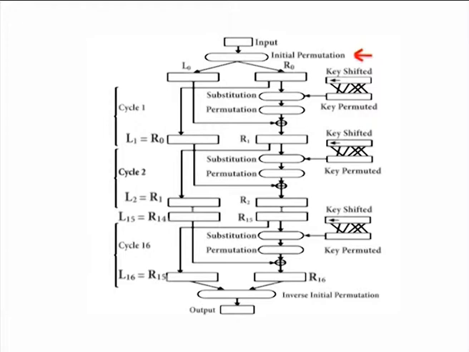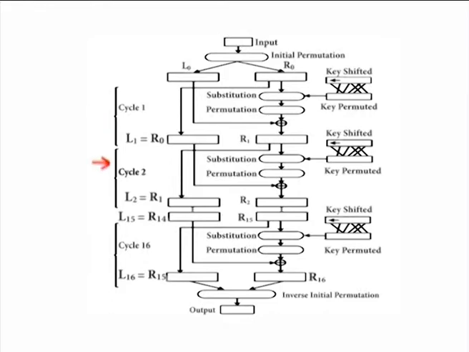The data bits are transformed by a key. The key is shifted left by a number of bits and permuted. The key is combined with the right half, which is then combined with the left half. The result of these combinations becomes the new right half, and the old right half becomes the new left half.